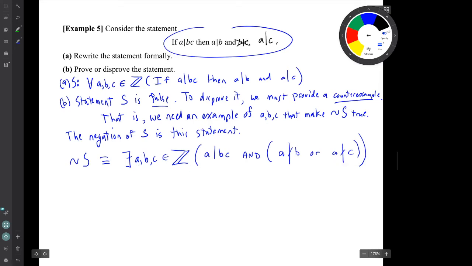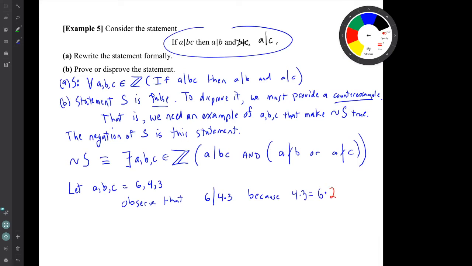Well, I'm just going to suggest an example. So if we let A, B, and C be the numbers 6, 4, and 3, observe that 6 does divide 4 times 3, because 4 times 3 is 12, and that can be written as 6 times the number 2.